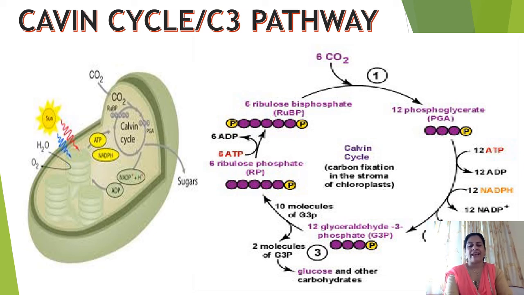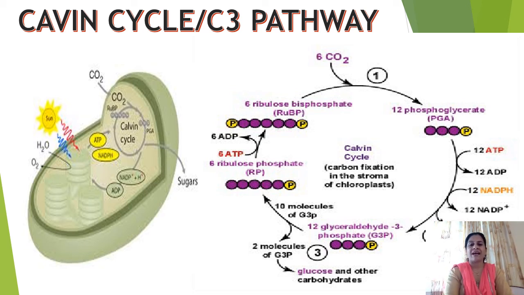Previous PGAL and this PGAL, 3 carbon plus 3 carbon, become a 6-carbon compound called glucose by forming fructose 1,6-diphosphate, fructose 6-phosphate, then glucose 6-phosphate and finally glucose. So glucose is produced from 2 molecules of PGAL.